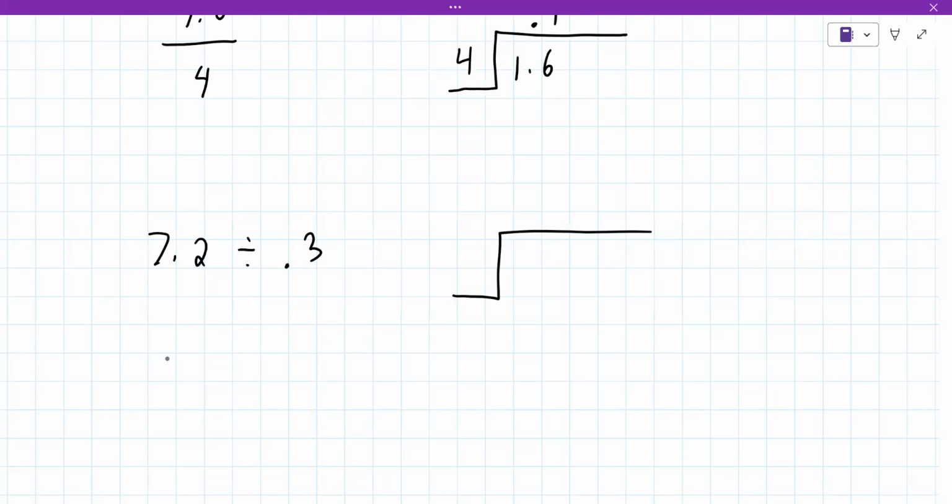Can't divide, so you move it 1 over. The other one 1 over. Three can go into 72.